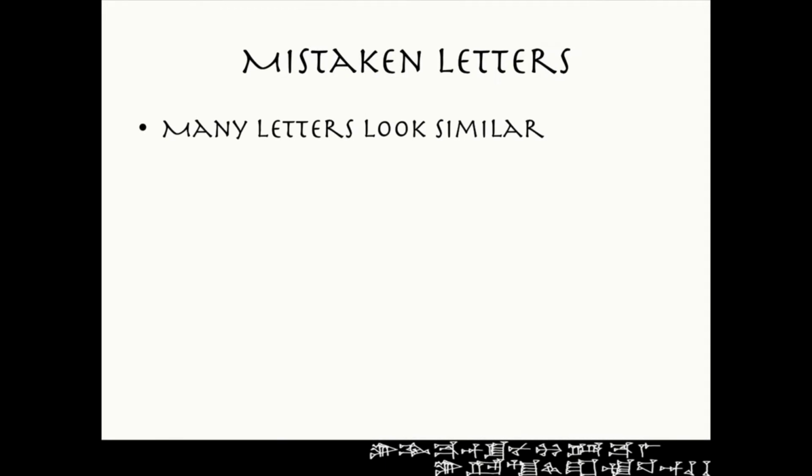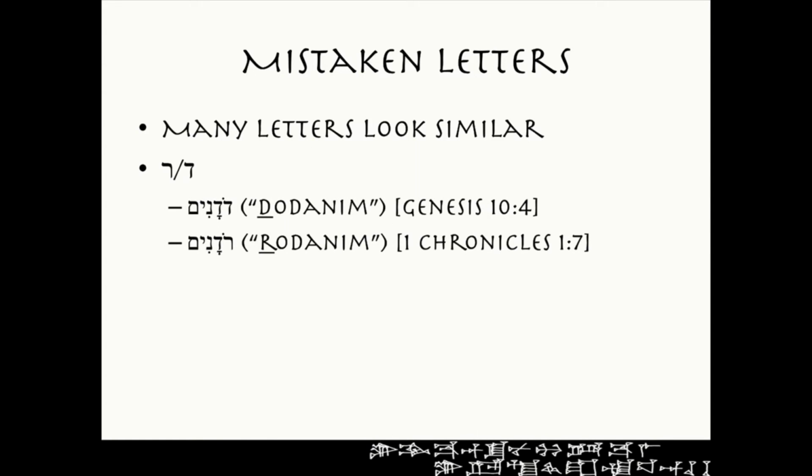So mistaken letters. There are a lot of letters in both the Hebrew Bible and in the New Testament Greek that look similar to each other. And one example here from the Hebrew Bible is the confusion of resh and dalet. So resh is an R sound, dalet is a D sound. The resh is there on the left, the dalet on the right. If you look at the first word, it's pronounced dodanim in Genesis 10:4, dodanim.